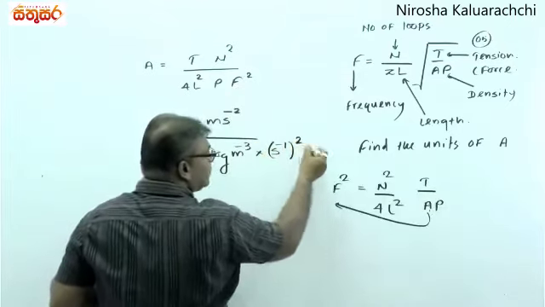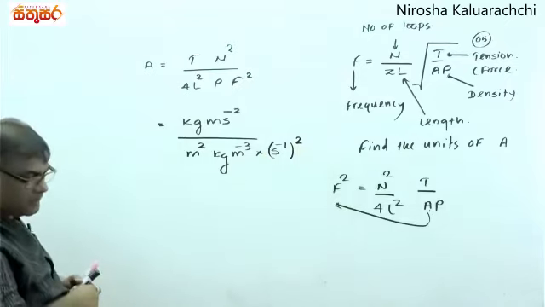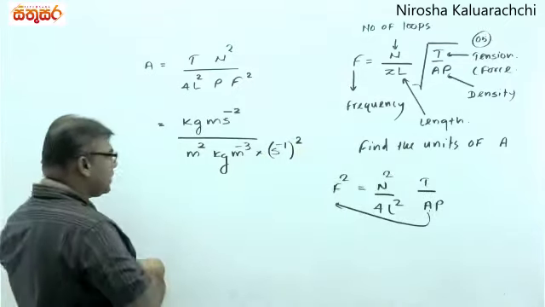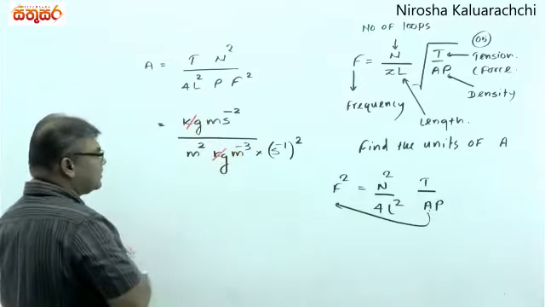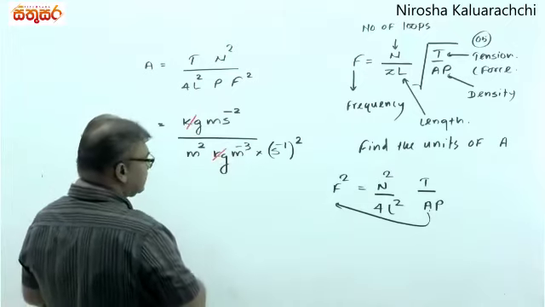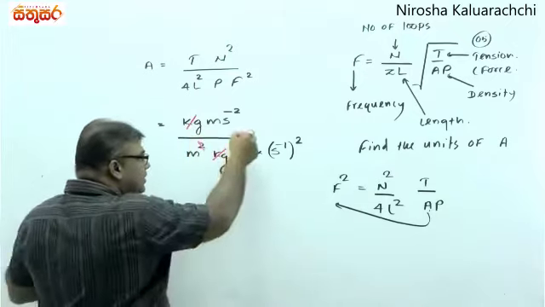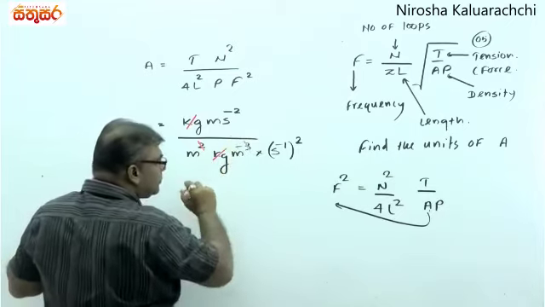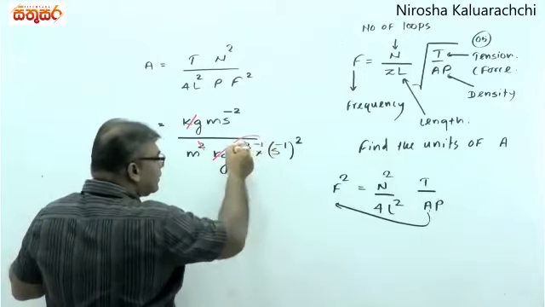Clear? Yes. Now, can we simplify now? We have kg cancellation. And here, m squared cancels with these two, then we have minus 1 available, right?